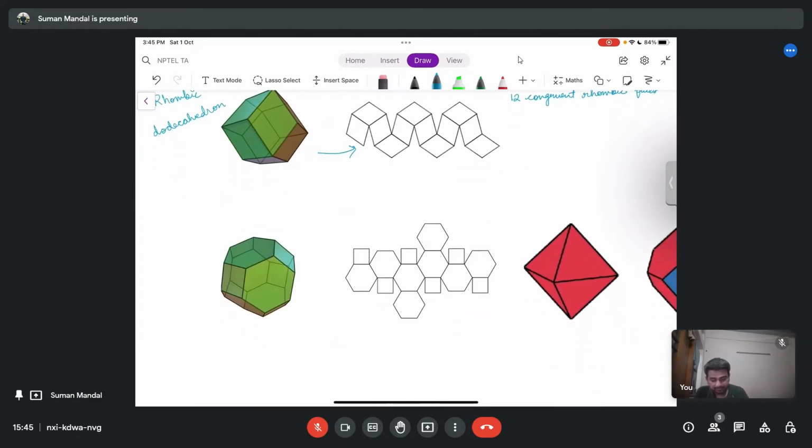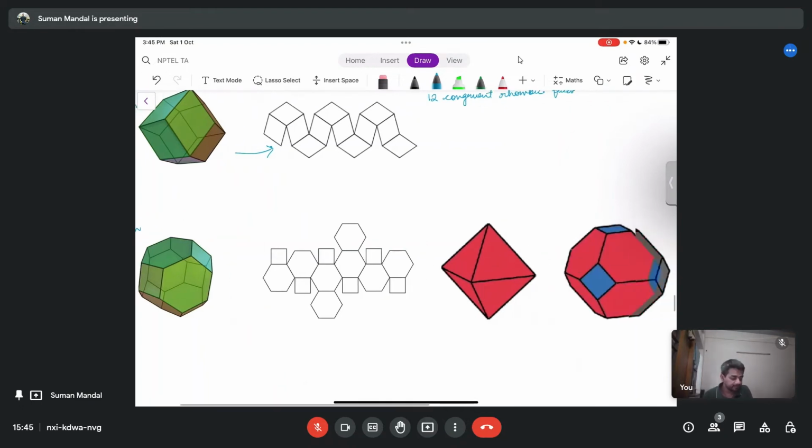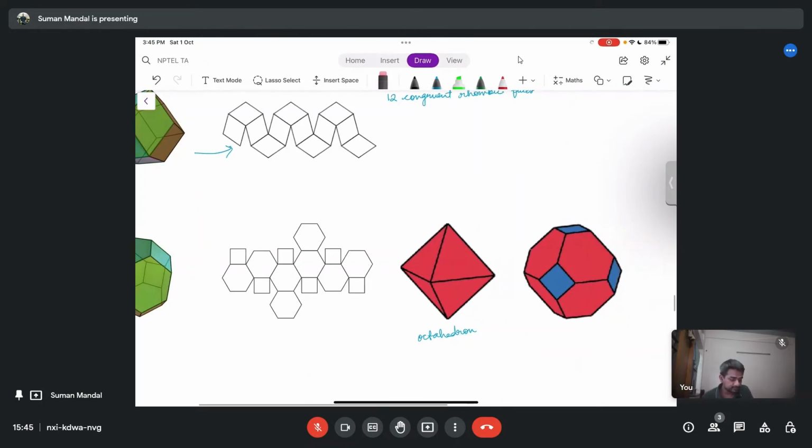This is called a truncated octahedron. We know that an octahedron, from the name octa, must have 8 faces. And when you chop off the pointed edges, you'll get a structure like this.